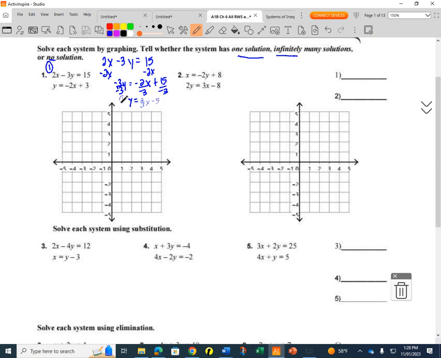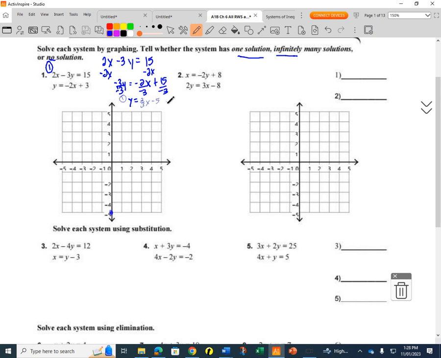So that's our first equation now in slope-intercept form. What part of this equation is negative 5? The y-intercept. That's the point where the line crosses the y-axis. So negative 5, so we're going down here to negative 5.